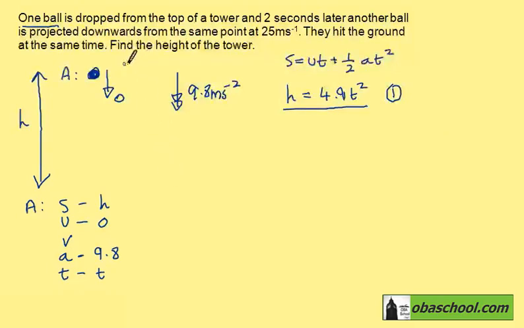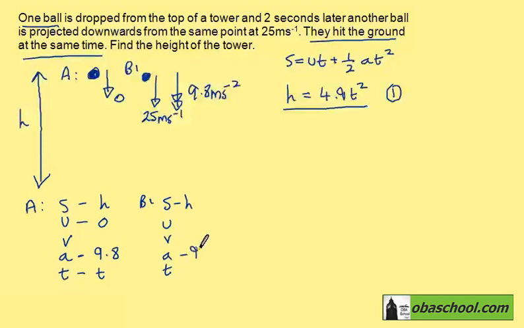Now let's consider the second ball, which I'll call ball B. This is projected downwards with speed 25 meters per second. If we collect the information for B, we know that it falls a distance h. They hit the ground at the same time, so they cover the same distance of h.